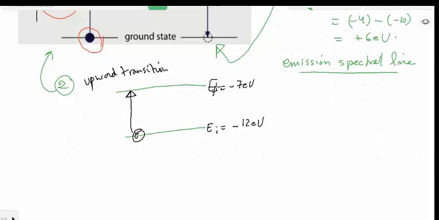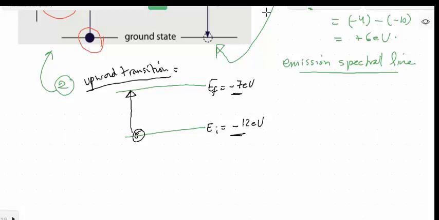To move the electron upward, it needs to gain energy. Now you will ask me from where it can gain this energy. To move it up, it needs to gain energy, and this energy should match the difference between these two states, between -7 and -12.